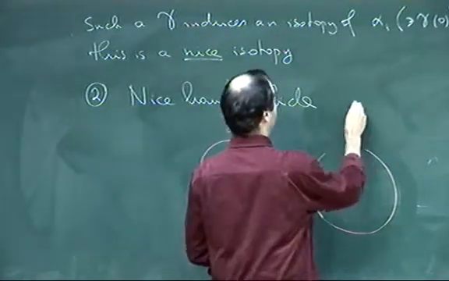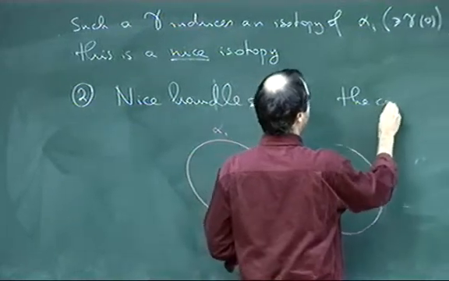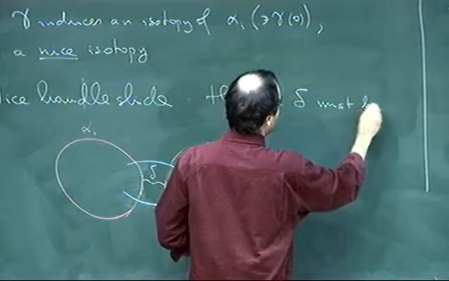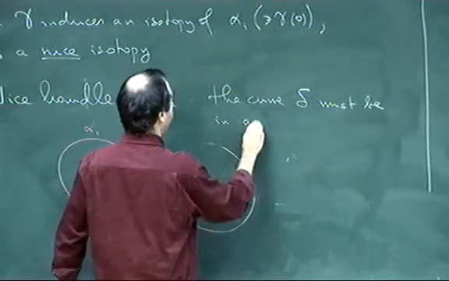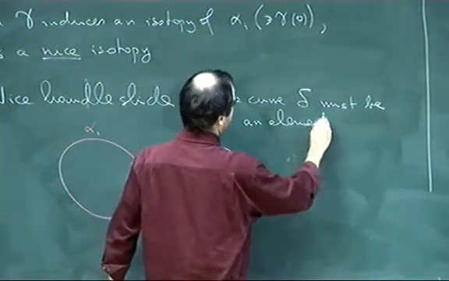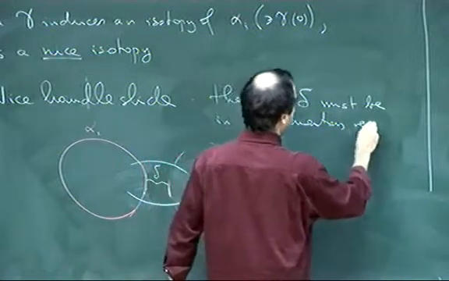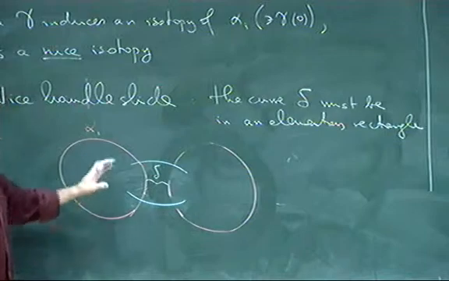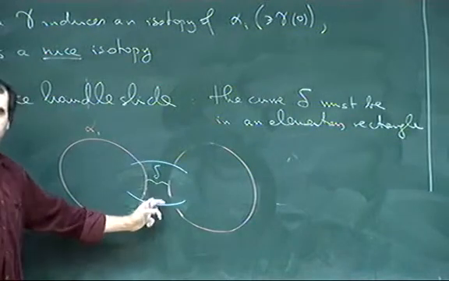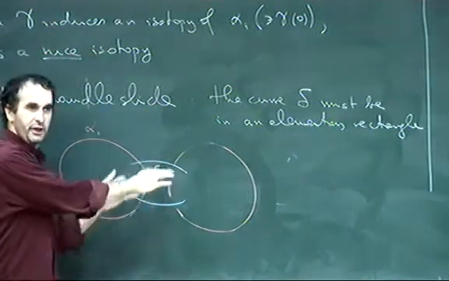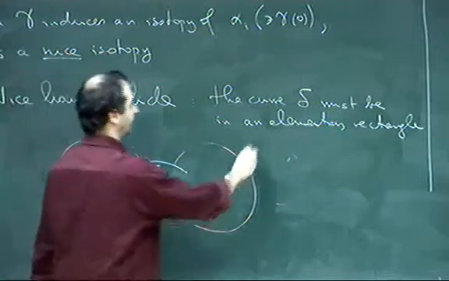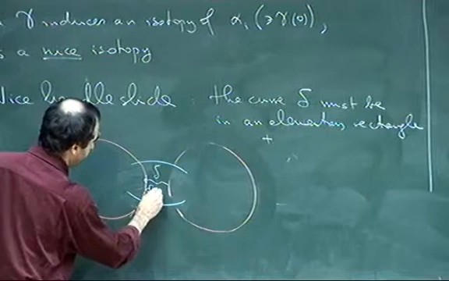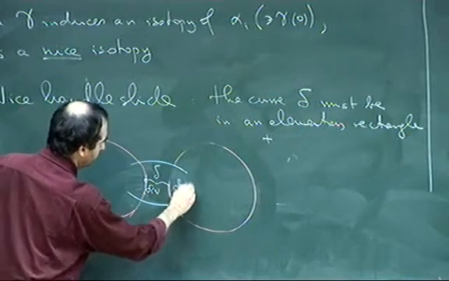So the curve delta must be in an elementary rectangle. So the only possibility is that it should be in a rectangle where no other alpha and beta curves are. Plus, here is delta 0 and this is delta 1.